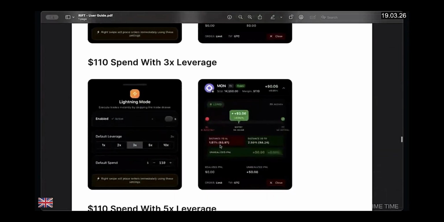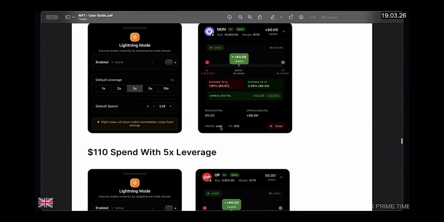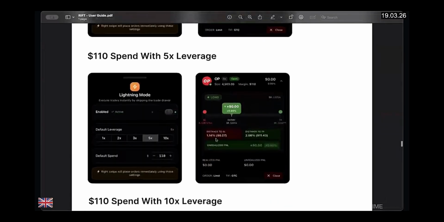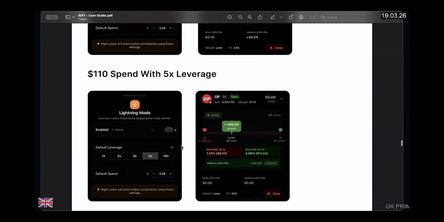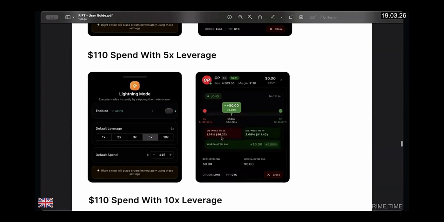Same way, at 3x leverage, the stop loss point comes at $5.97. Distance to take profit comes at $8.24. Then with 5x leverage, the same trade with $110 of ticket, the stop loss reaches at $6.27, and the profit point reaches to $11.43 with 2% profit and 1.14% loss.